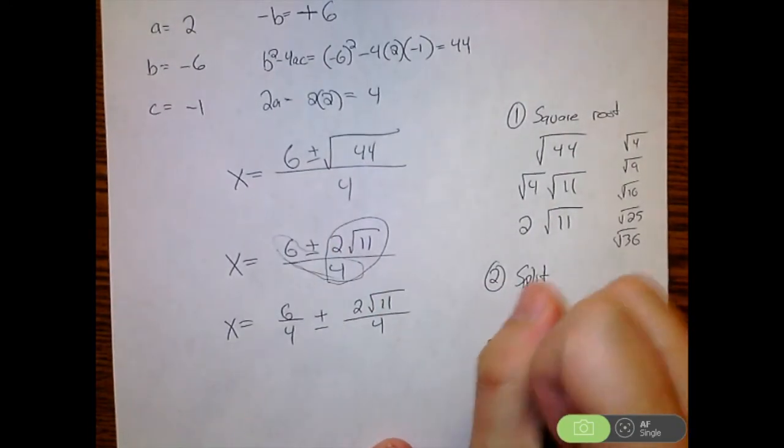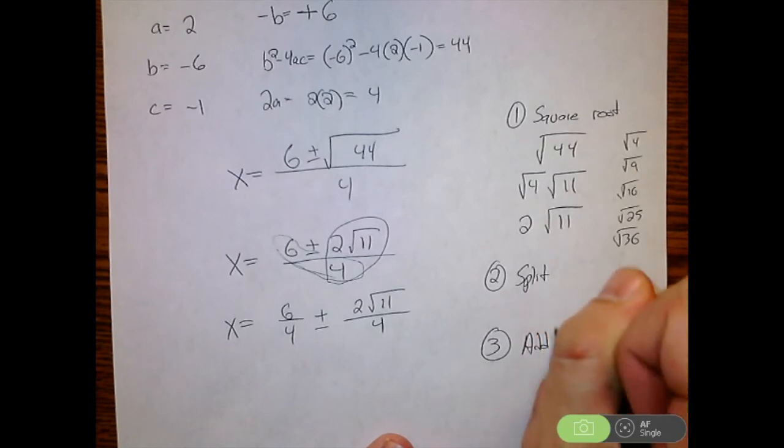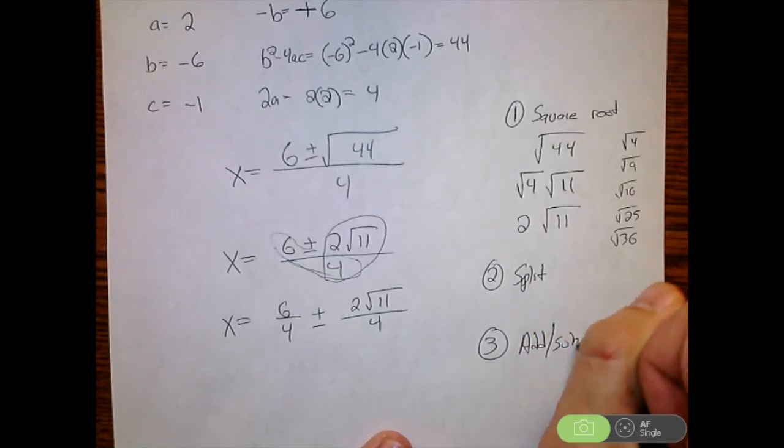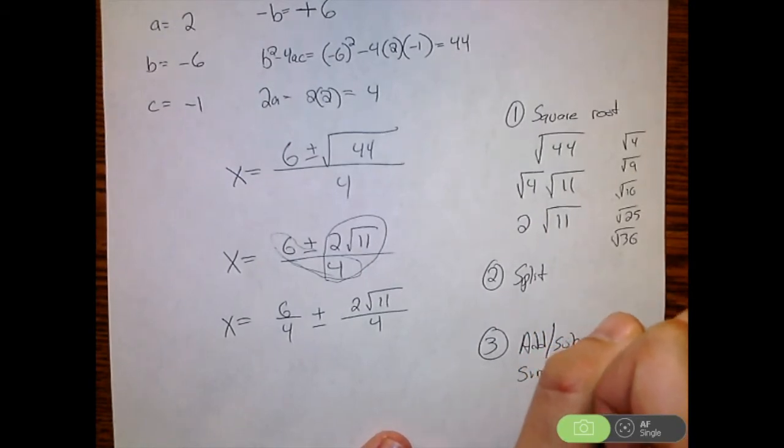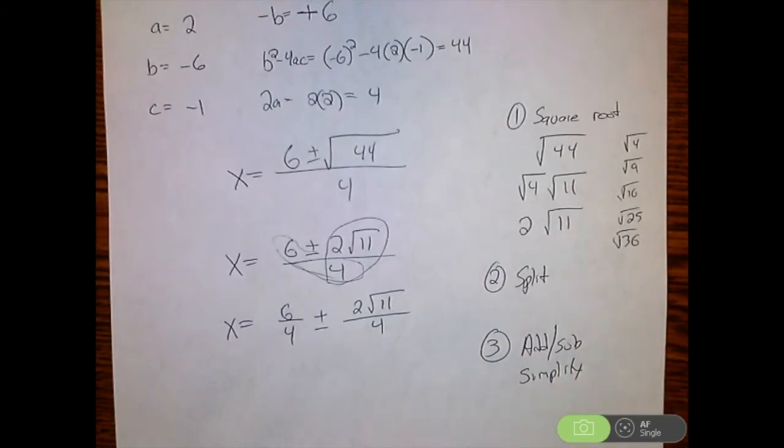And the final thing I want to do is, if I can, add and subtract. If not, I'm just going to simplify the fractions. If I could, I would do 6 divided by 4 plus or minus this piece over here, but since this has a square root, you can't just add or subtract them.